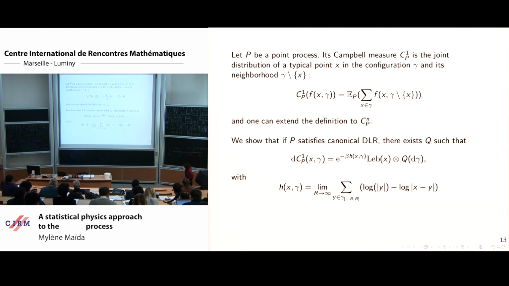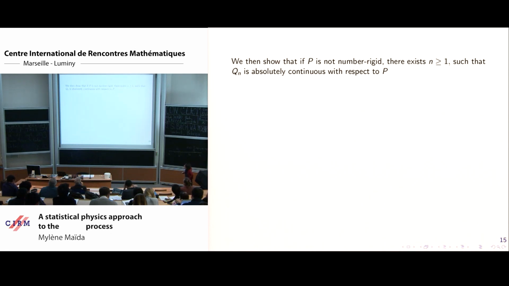Okay, so this can be done. And the same holds for n. I wrote all the equations for n equals 1 because otherwise it's a mess. And then we go by contradiction.